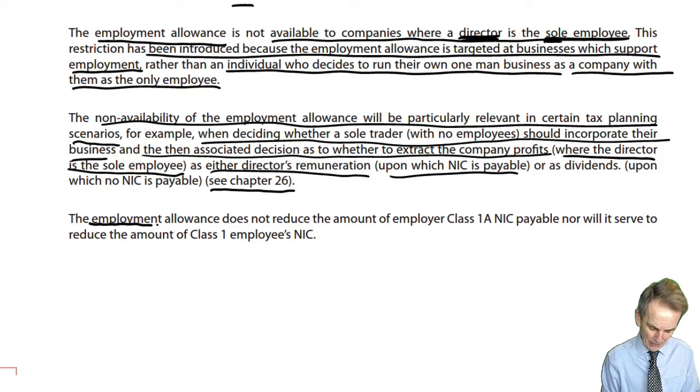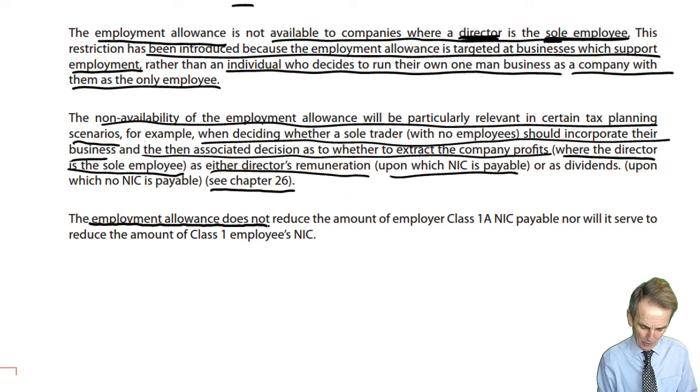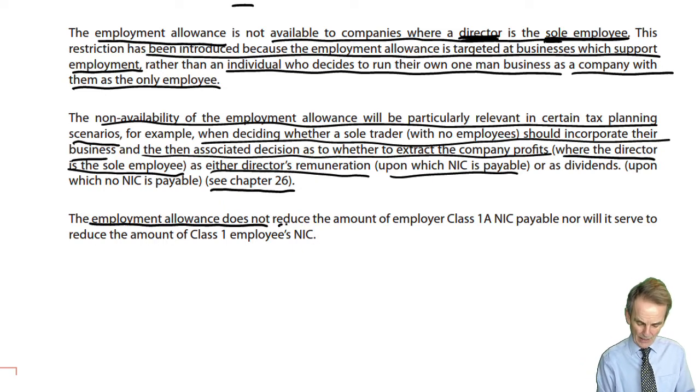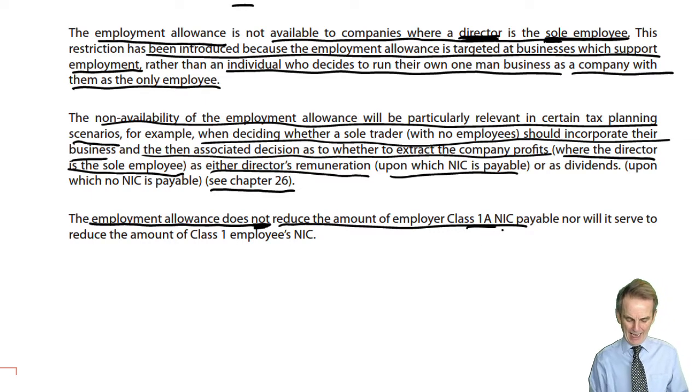This employment allowance, however, this £4,000 possible reduction, is only available in relation to Class 1 employer contributions and is not available where the director is the sole employee of the company. What does it reduce? It does not reduce the amount of Class 1A, it only reduces the Class 1 employer.